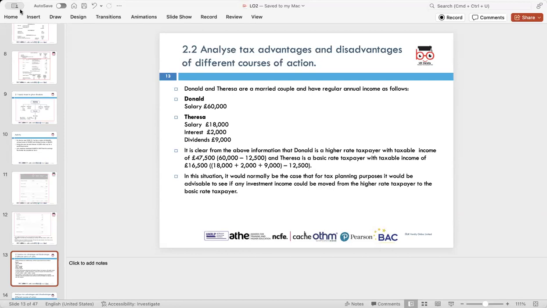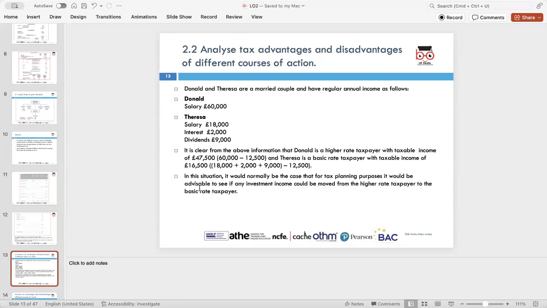So, given this scenario, it's prudent to explore tax planning strategies to optimize their tax liabilities. One potential strategy is to transfer some investment income from Donald, the higher rate taxpayer, to Teresa, the basic rate taxpayer. By doing so, they can take advantage of Teresa's lower tax rate, potentially reducing their overall tax bills.